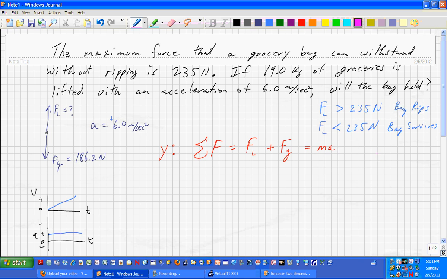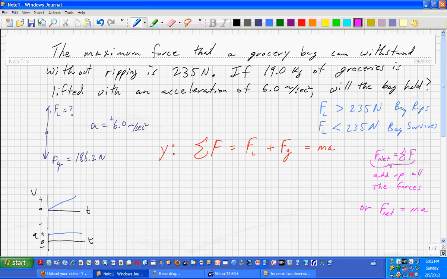A little sidebar here. Remember, sum of the forces is also equal to net force. Net force means the same thing as adding up all the forces. So if I've got something like this, I can either add up all the forces if I have force information, or F net can also be calculated through mass times acceleration.